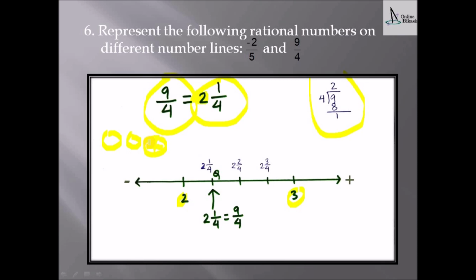So definitely on the number line it will lie after 2, not before 2. 2 is whole, till here you have finished, then you have to represent this 1 by 4. The denominator will tell you how many sections you have to divide between 2 and 3. So you have to divide this into 4 sections: 1, 2, 3, and 4.